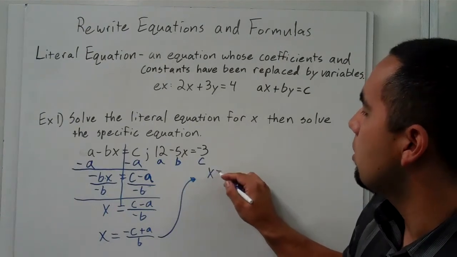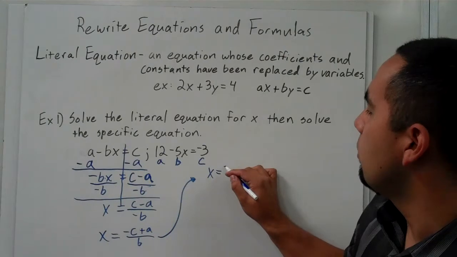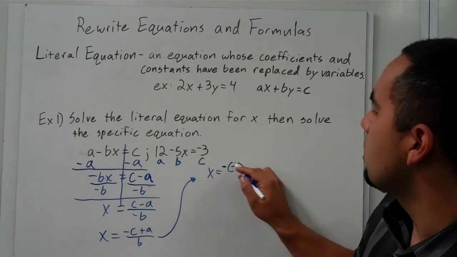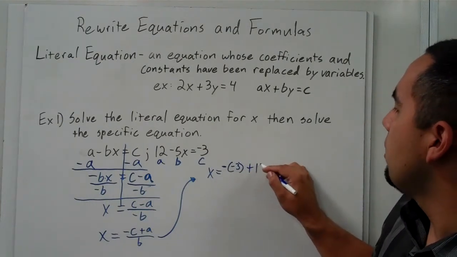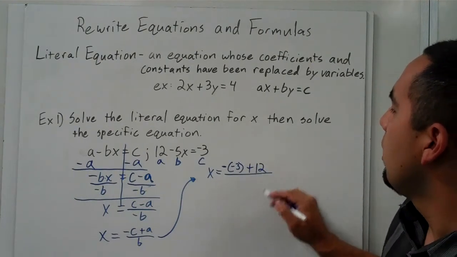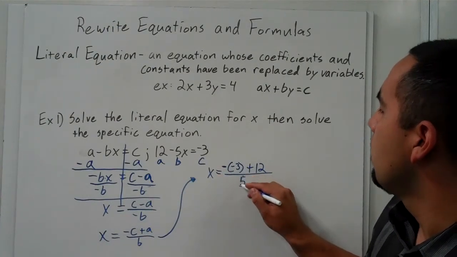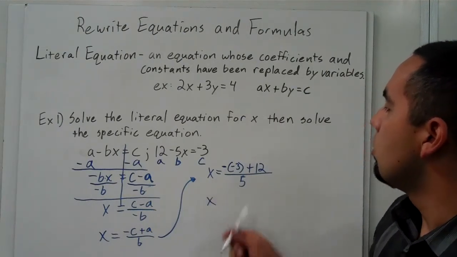So x equals negative c. Well, that's negative 3, right? If I imagine this as being c. And then I add 12. And then I'm going to divide that by not negative 5, but positive 5. Okay, so now let's just do the math.